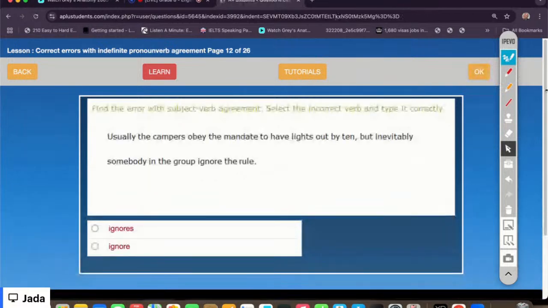Okay, usually the campus obeys the mandate to have lights out by 10, but in a few instances, somebody in the group ignored the rule.